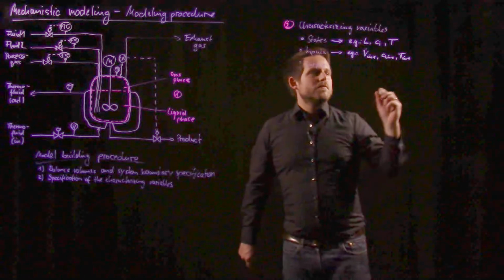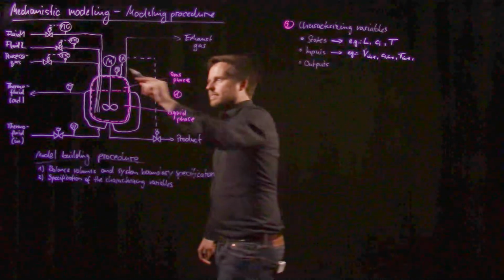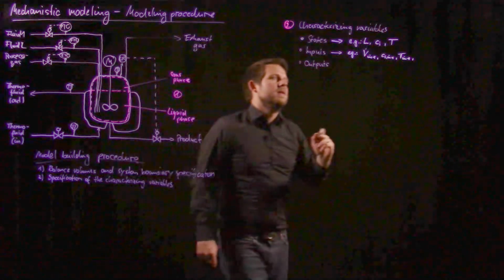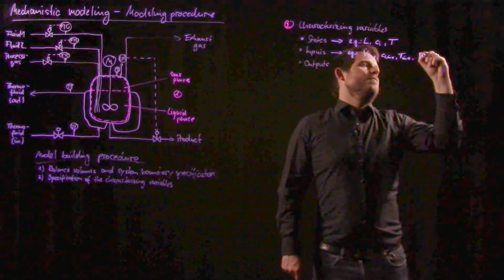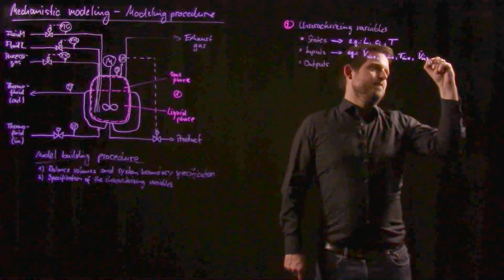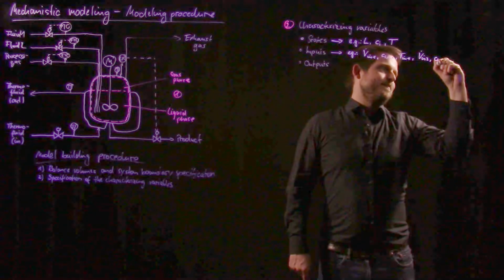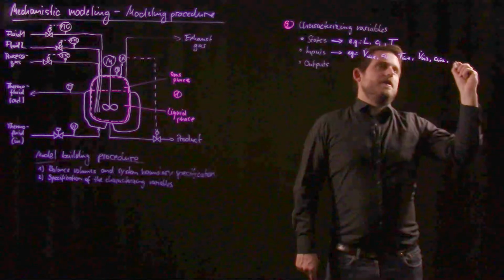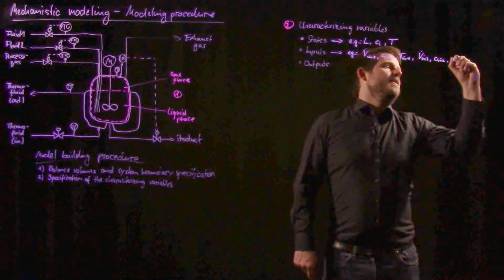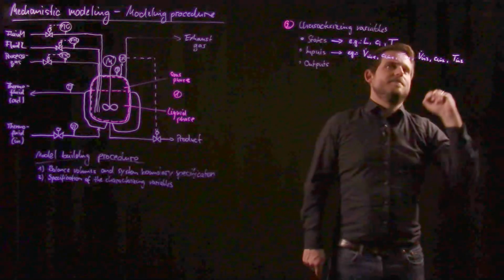And the same is true for the second flow, fluid 2, and this would mean we have also V dot in 2, Ci in 2, and T in 2.